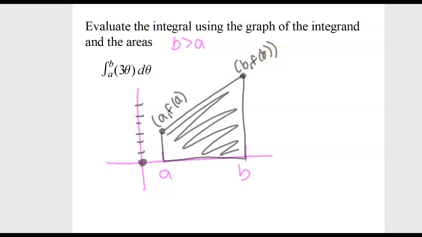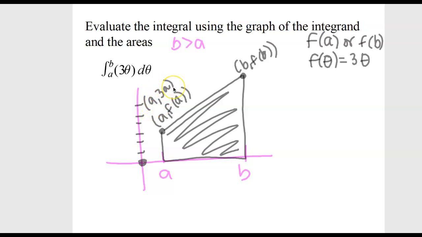So that would make those points A, f of A, B, f of B, but the f of A or f of B is really just plugging into f of 3 theta. So f of A is really A, 3A. And f of B is really B, 3B.